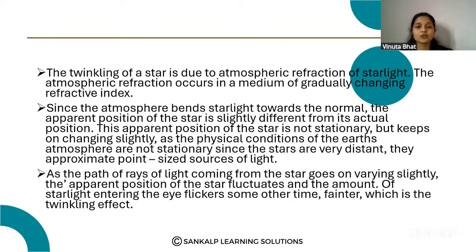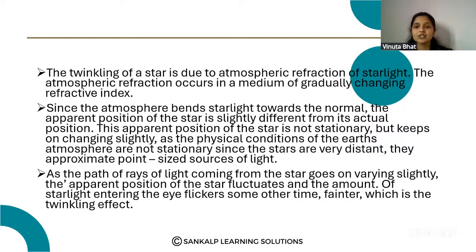Since the atmosphere bends starlight towards the normal, the apparent position of the star is slightly different from its actual position. This apparent position of the star is not stationary but keeps on changing slightly. So that is not fixed, that keeps on changing.